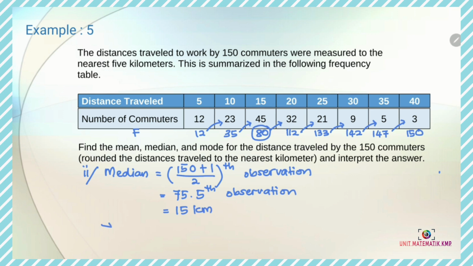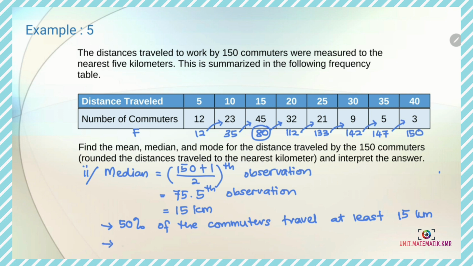To interpret the median, 50% of the commuters travel at least 15 kilometers.